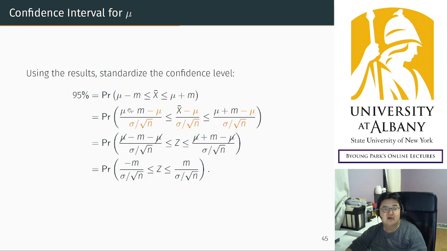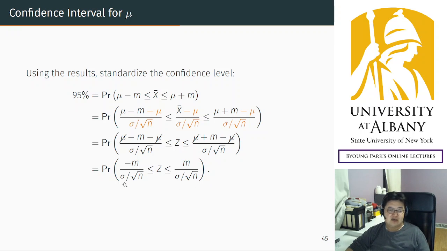And then mu is nicely cancelled out, which is really convenient because we did not know what mu is, but now we don't need to know this. So anyhow, we do not know mu, but we don't need it in the end.